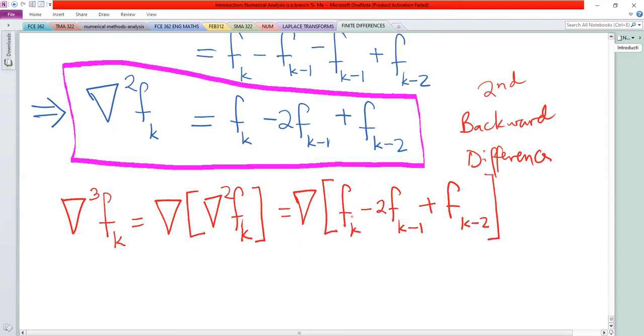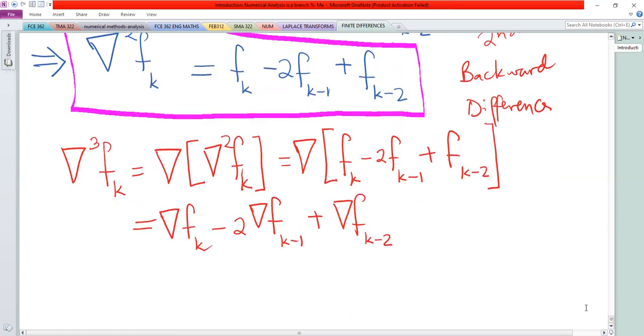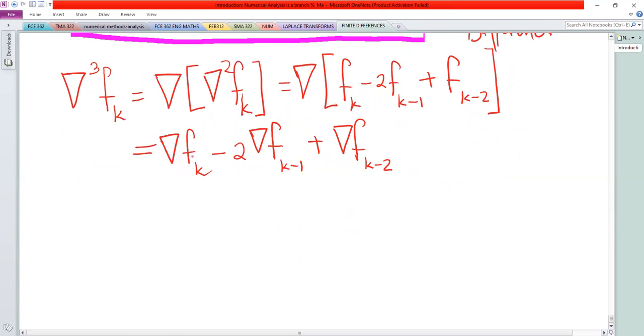And then you distribute the backward operator on each of these functions. So this will be backward fk minus twice backward fk minus 1 plus backward fk minus 2. And then by definition, backward of fk is fk minus the previous value of the function at xk minus 1.